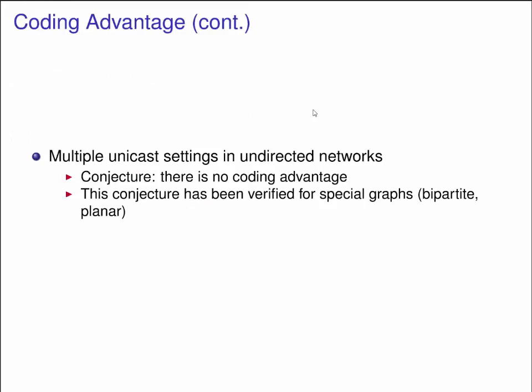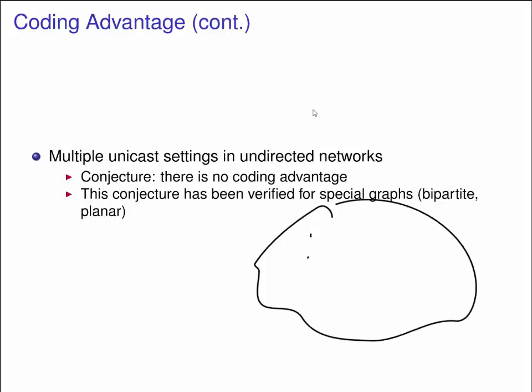Another setting we can consider in undirected networks is the multiple unicast setting, in which we have an undirected network and multiple sources. And again, we have multiple unicast connections. So source S1 wants to deliver data to T1, S2 needs to deliver to T2, S3 to T3. This case is actually open.